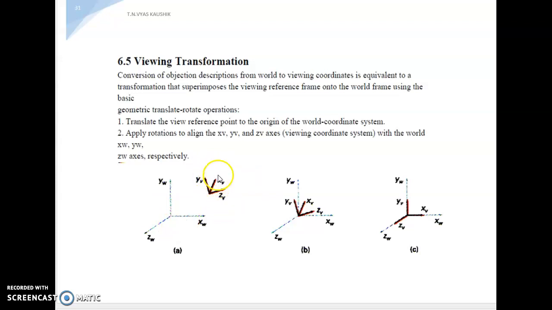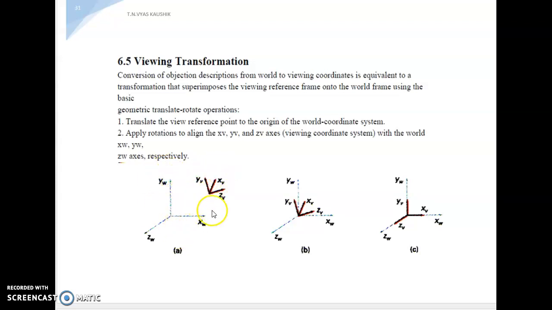Any object with respect to this coordinate plane needs to be converted into the normalized coordinate plane. So we translate this coordinate plane's origin to the original coordinate plane's origin, and then we do a rotation such that the y of the view is parallel with y of the world coordinates.